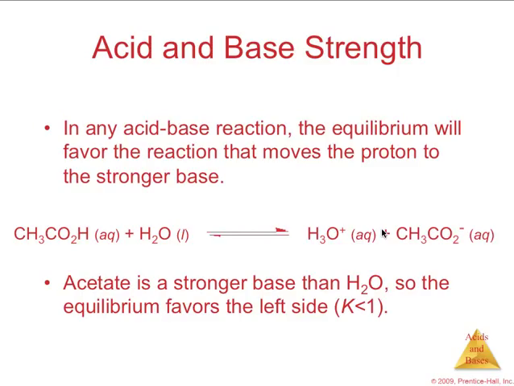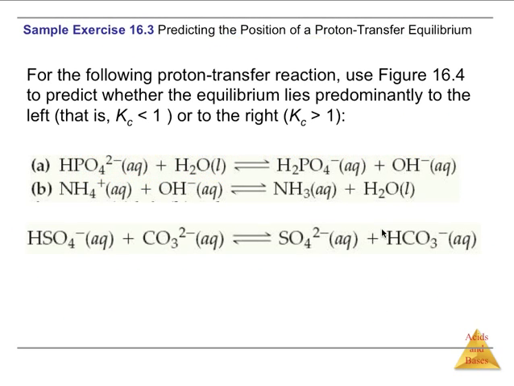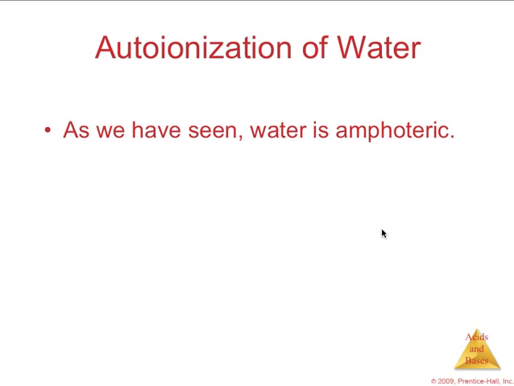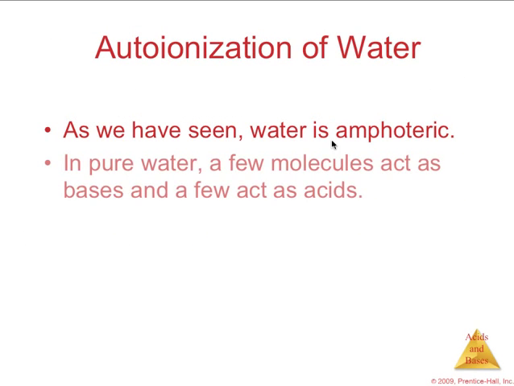In this case, we don't have a strong acid or a base, and we'll either have to use that table that was shown earlier to decide which way the equilibrium is going to shift, or we have to know a little bit more about the equilibrium constant, and we will get to that. Okay. So we'll do these in class. And this is where we'll pick up on the next screencast.